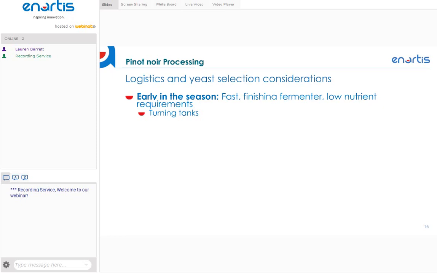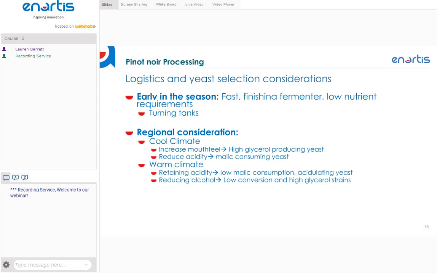Some regional considerations: cool climate. With cool climate Pinot Noir, you might not be picking at the optimal ripeness, so you're going to want to pick a yeast strain to increase mouthfeel with high glycerol production, and also reduce acidity, so maybe a yeast strain which can consume some malic acid. In warmer climates, on the other hand, we want the opposite, so we want to retain acidity by selecting a low malic consumption yeast strain.